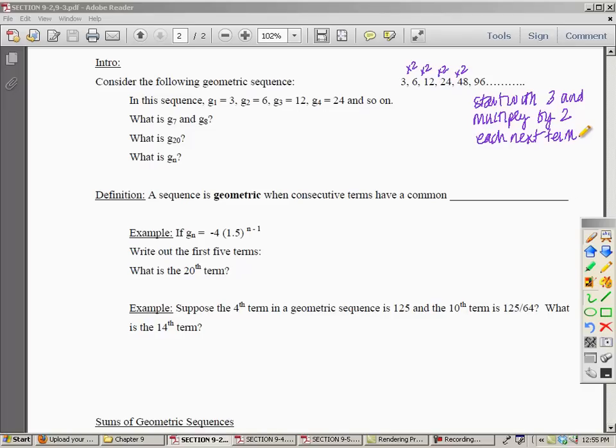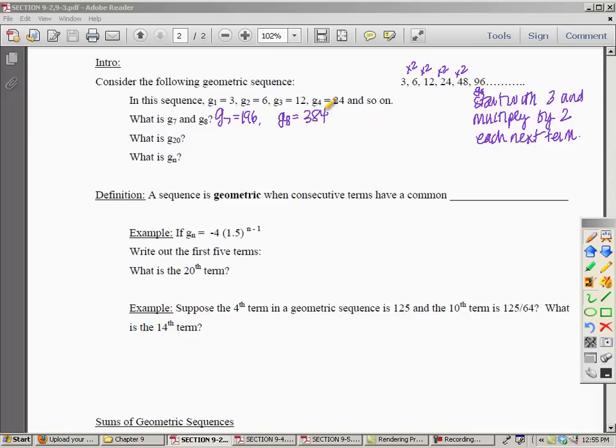I just wanted it in words. If you feel like you don't need it in words, that's fine. Now, how do you find the 7th term? Well, I take 96, which is the 6th term, and multiply it by 2 to get the 7th term, 192. Multiply that by 2 to get the 8th term, 384.